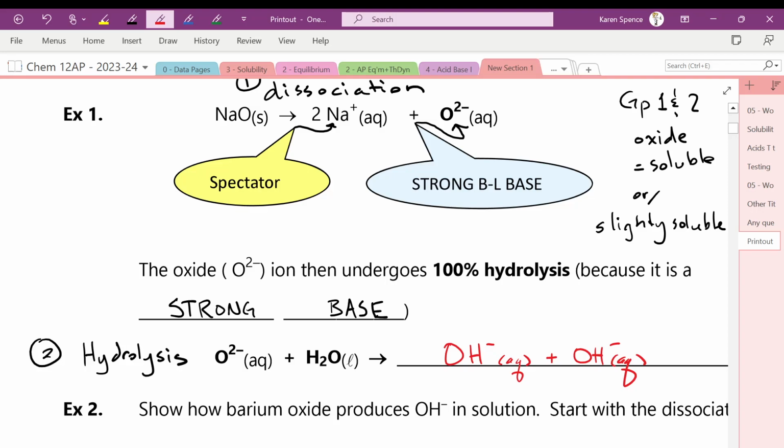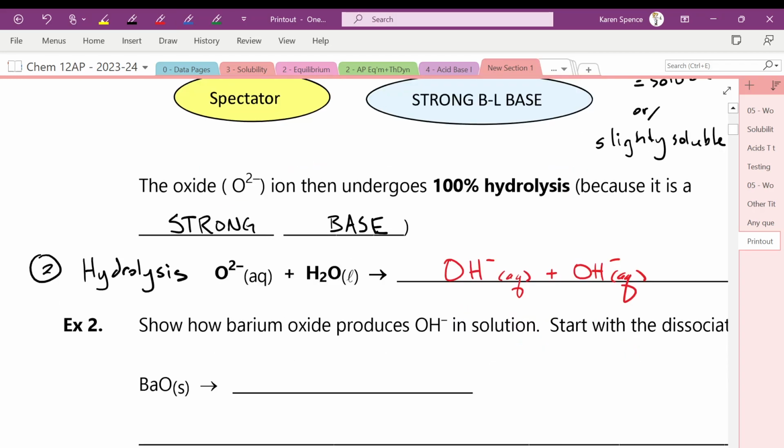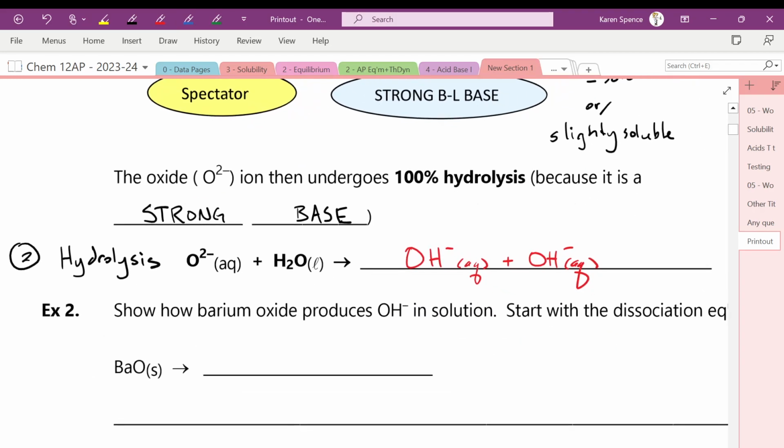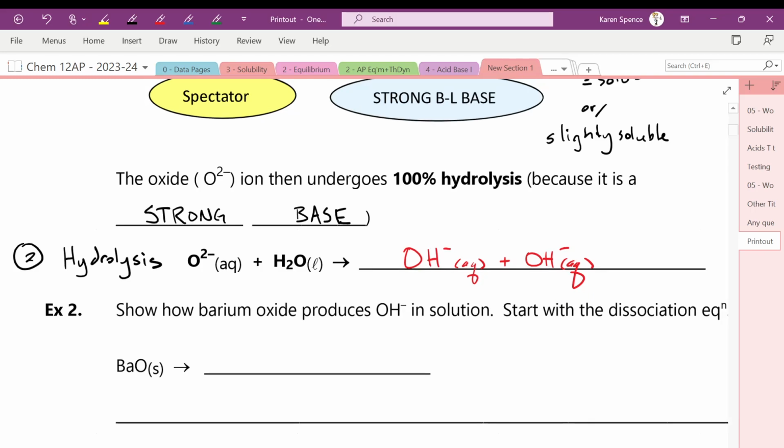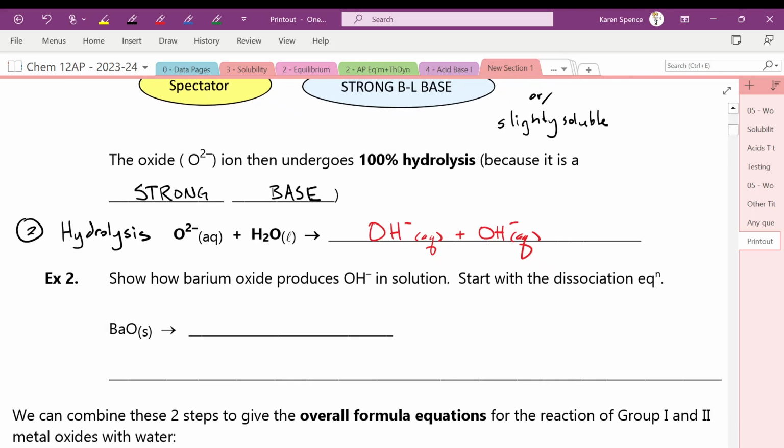Yes. 2 OH negative is fine. Same thing, no difference. All right, so you are going to show how barium oxide produces hydroxide in solution. Start with the dissociation equation.